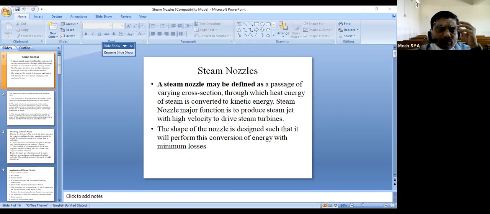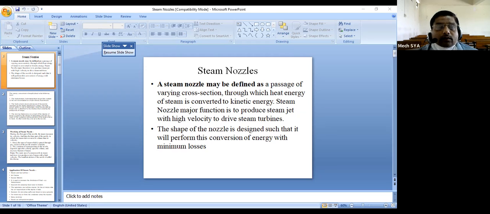And this blade will rotate, and these blades are connected with this particular shaft. Therefore the wheel will also rotate as the shaft is rotating. While flowing past the blades, the momentum is absorbed by the rotating wheel, enabling production of torque.